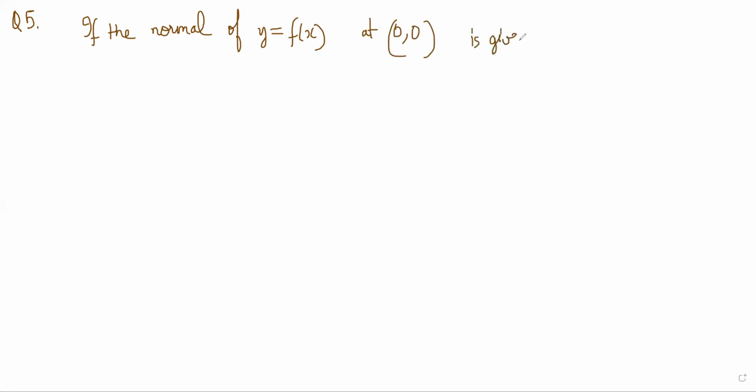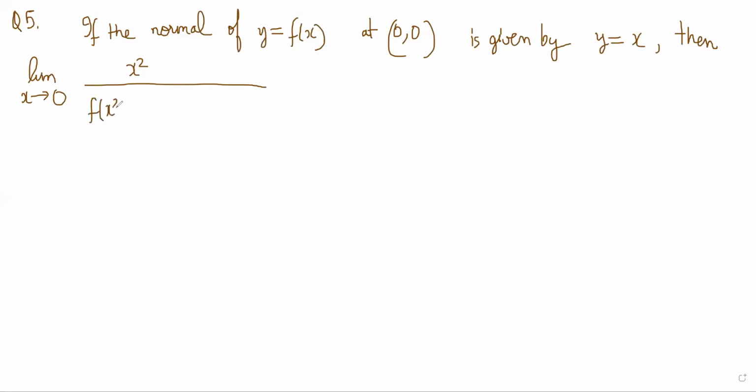This question says that if the normal to the curve y is equal to f of x at 0 comma 0 is given by y is equal to x, then find the value of the limit x tends to 0 of x square by f of x square minus 20 f of 9x square plus 2 into f of 99x square, right?